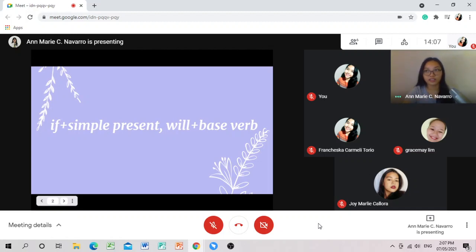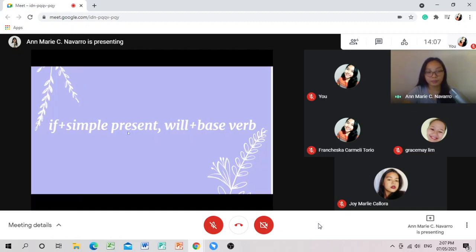So it's like if plus simple sentence, comma, will, and then the result clause will be the part where the will plus the base verb is located.